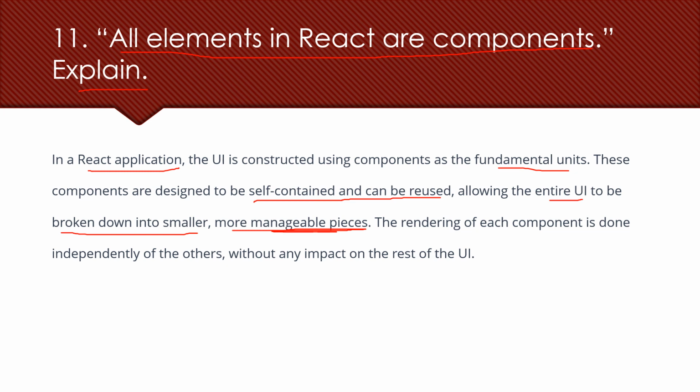So whenever an interviewer asks you why we say all elements in React are components, the answer could be that they are more manageable, and they can be broken down into smaller pieces so that they can easily and independently render themselves, and in that way they do not impact the other UI elements.